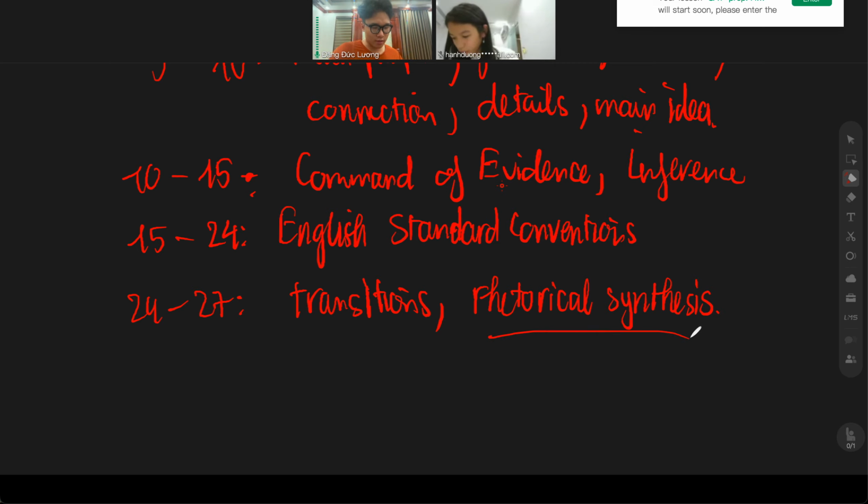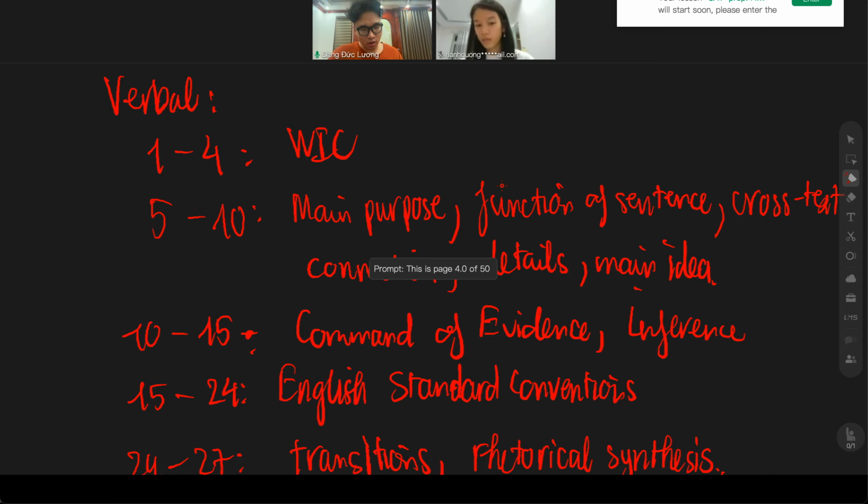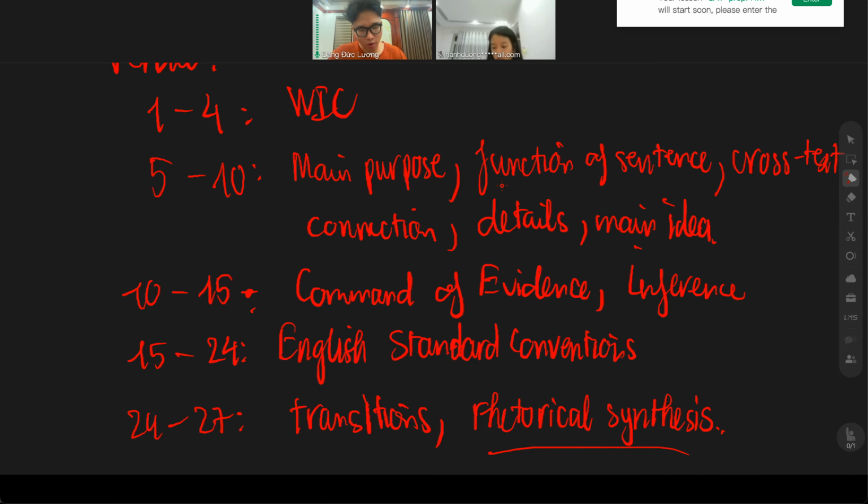Rhetorical synthesis always lies in the last part of the test. And each module will repeat that structure, okay? Module 1 will have this structure and it will repeat in module 2 with a harder level, okay?